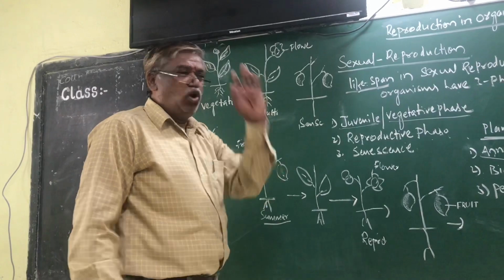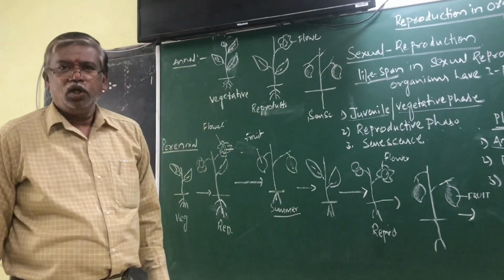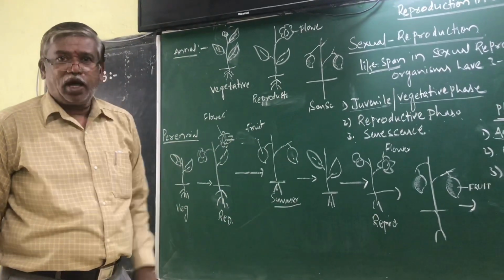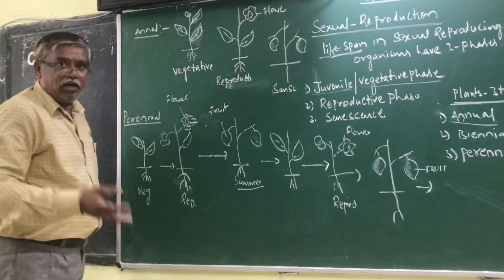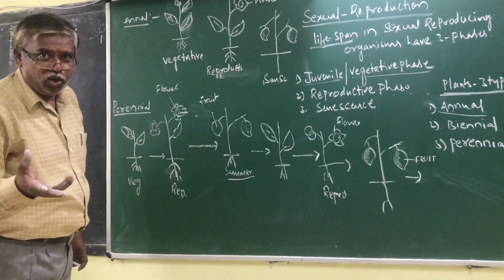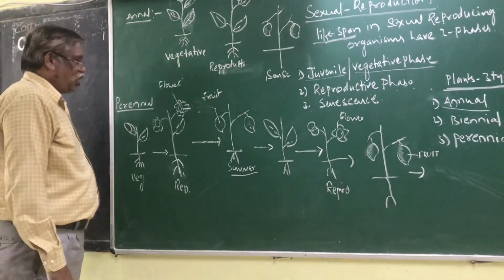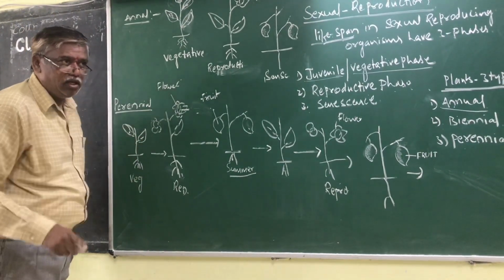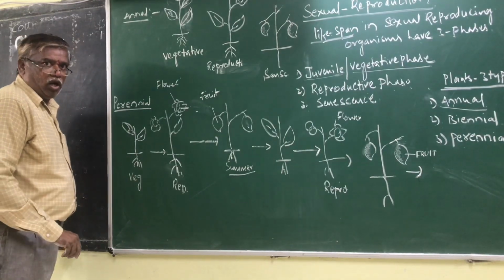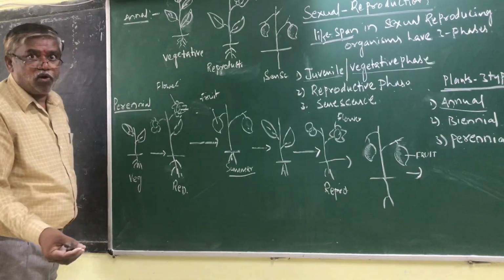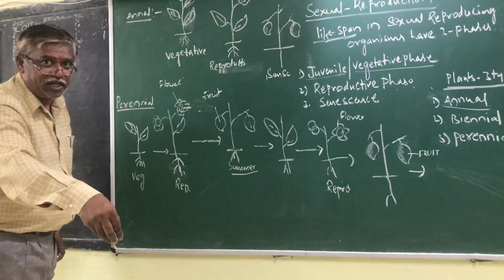But it is the most confusing in perennial. Be careful, perennial. I am saying perennial plants, maybe mango, neem, some other fruits. Now see perennial. Be concentrated. Now you take the mango seed. It is cultivated.